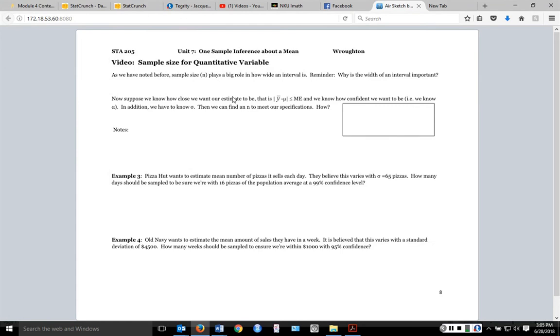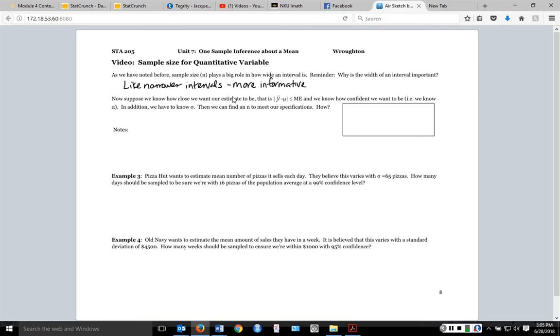As a reminder, sample size plays a big role in how wide our interval is. One of the reasons that we focus on width is because we generally like narrower intervals, and the reason that we like them is that they are generally more informative. So that is, it narrows down a lot more of what the actual value is.